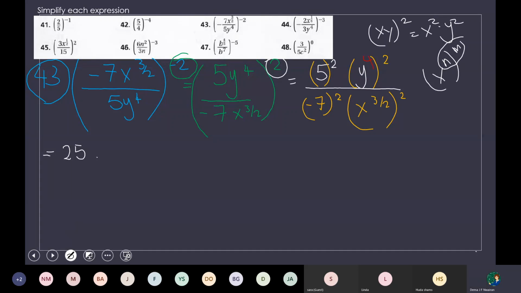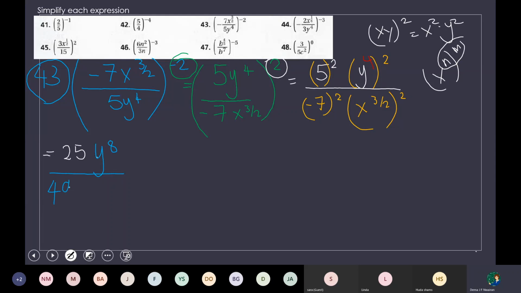This 4 is raised to 2. So I multiply 4 times 2, which is 8. So it will be y raised to 8 over negative 7 squared. It means negative 7 multiplied by negative 7. Negative multiplied by negative is positive, and 7 times 7 is 49.